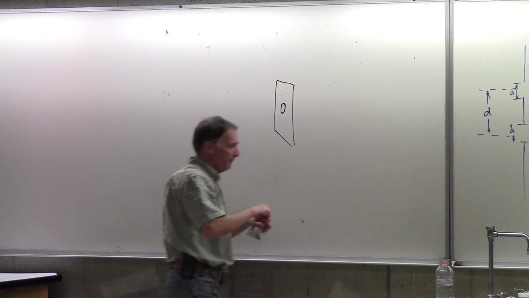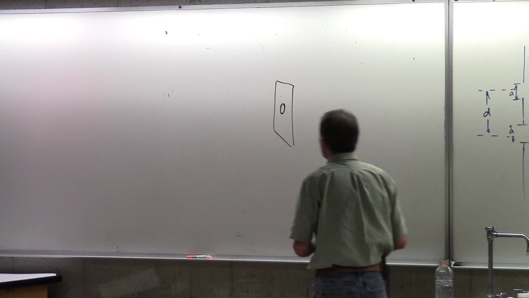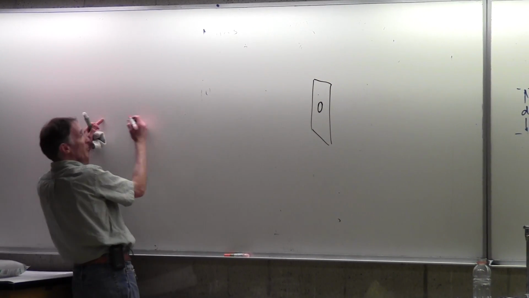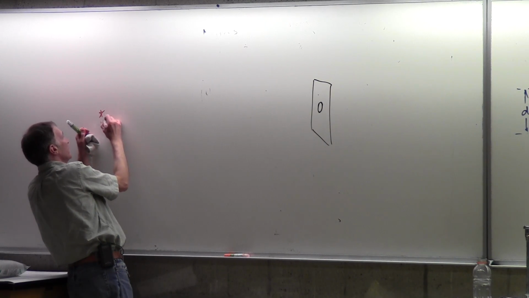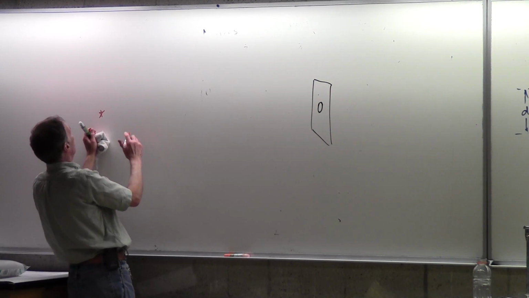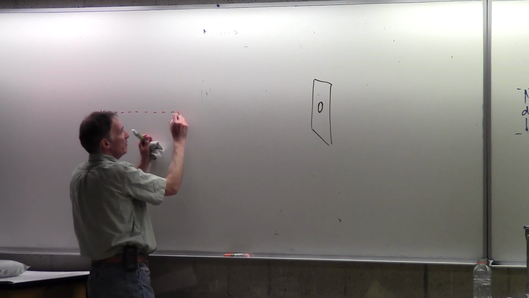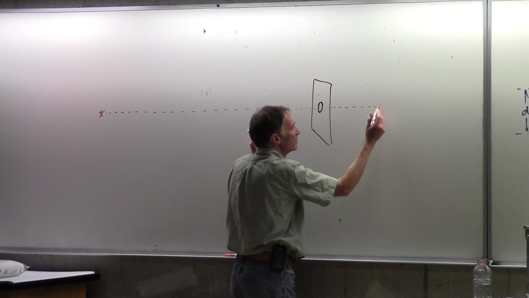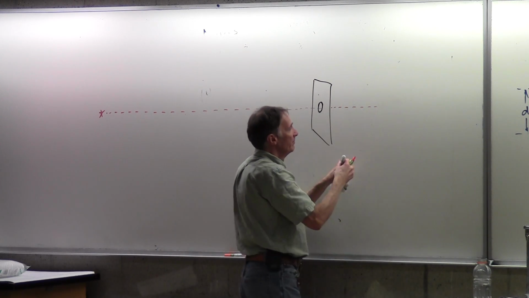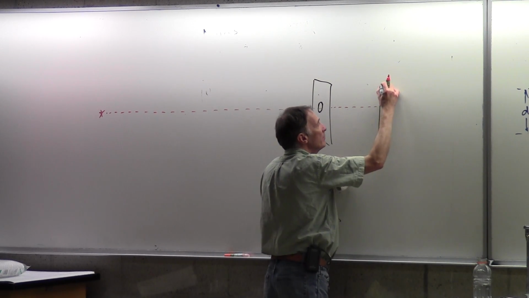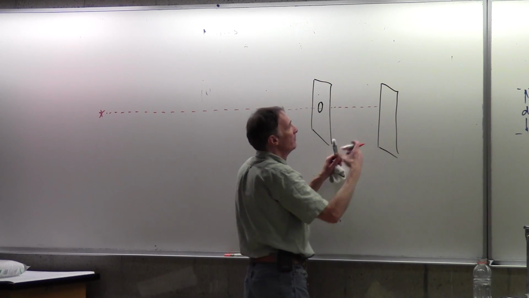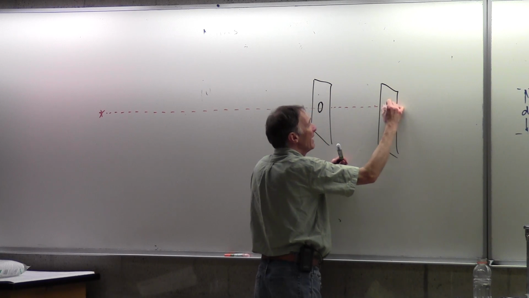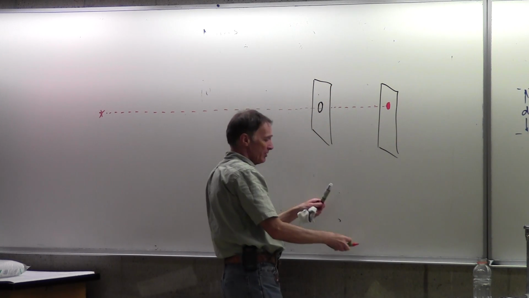Now, if we have some distant sources of light, and I can't get too far away, but imagine we've got a distant star that is going to be emitting its light. It's going to be traveling. It's going to go through this opening, and it's going to diffract. When we get over to the screen, it's going to form its image here, but it's going to be kind of a blurry image because of this diffraction.